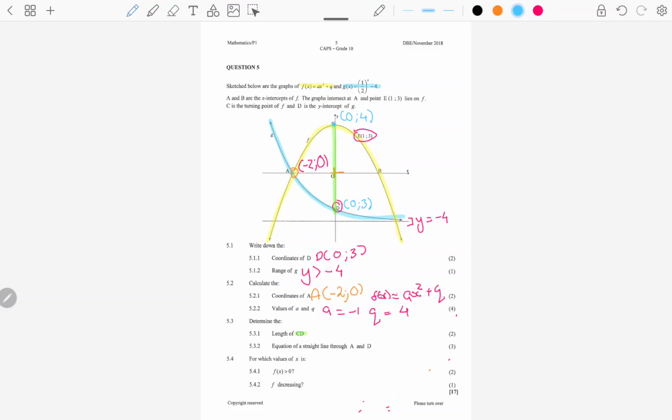Therefore, to calculate the length of CD, y of C minus y of D will equal 4 minus negative 3, which is equal to 7 units.